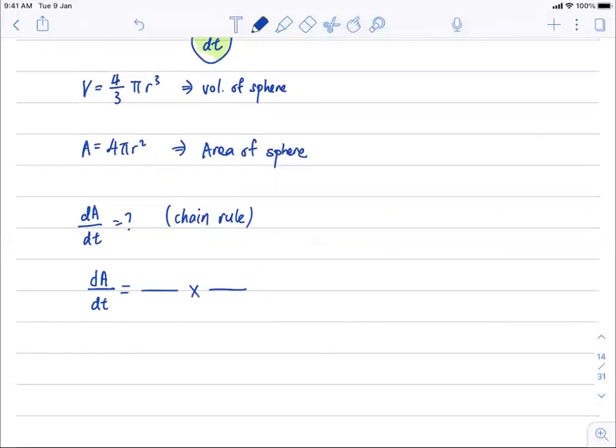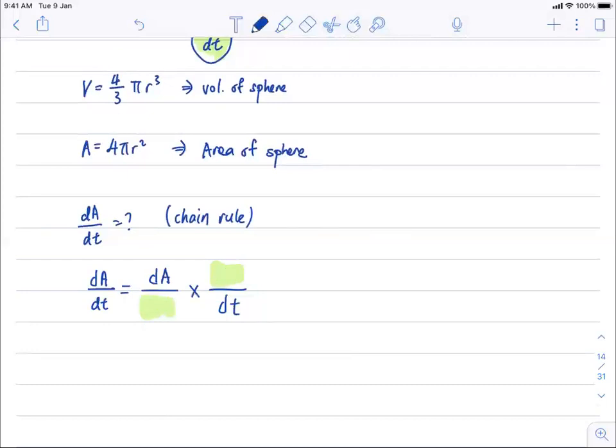However, this one we can write dA and this one dt. Here and here it can be something, but they have to be the same. If they are the same, then they can cancel off each other, and we get back dA over dt. So this is how the chain rule works.